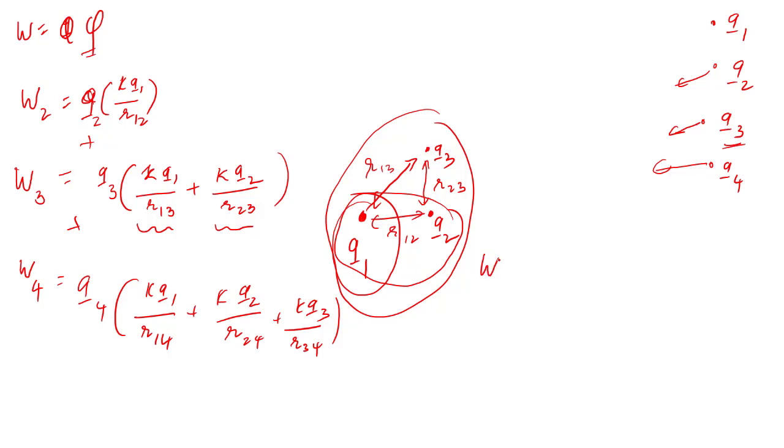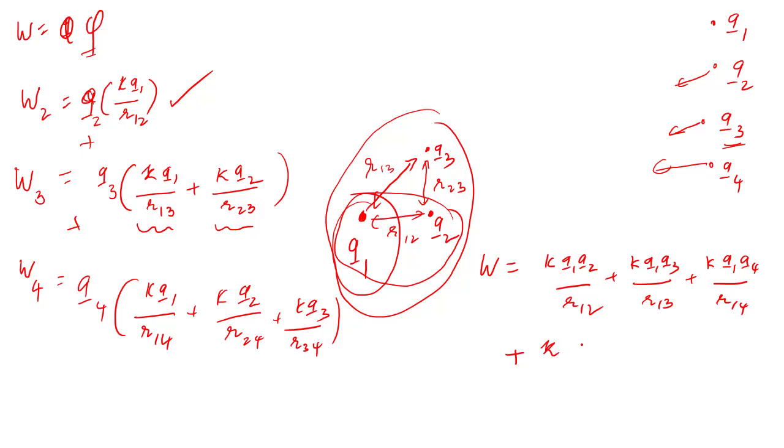So the total work done would be K Q1 Q2 by R12, that is this term, plus K Q1 Q3 by R13 plus K Q1 Q4 by R14 plus K Q2 Q3 by R23 plus K Q2 Q4 by R24 plus K Q3 Q4 by R34.